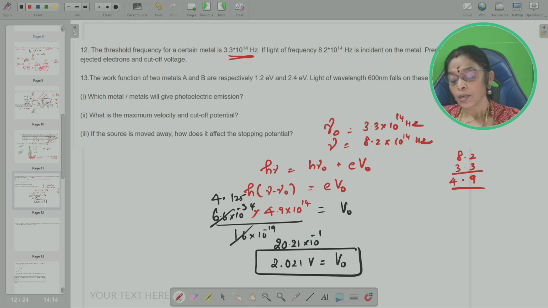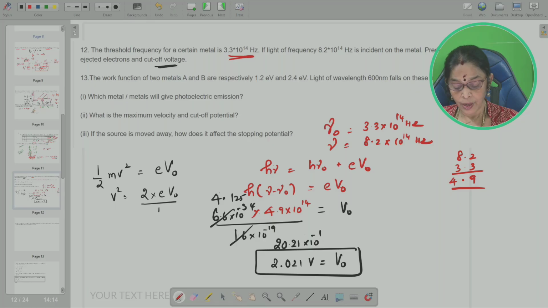I know V naught, the cutoff voltage, I found out. Then I have to find the maximum velocity of the ejected electron. How to find the velocity? Very easy: half mv square is equal to eV naught. So v square is equal to 2 eV naught divided by m, so v is equal to the square root of 2 eV naught over m. What is eV naught? 1.6 into 10 power minus 19 into 2.